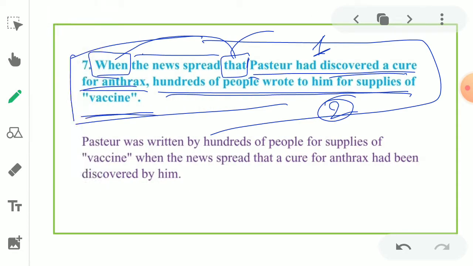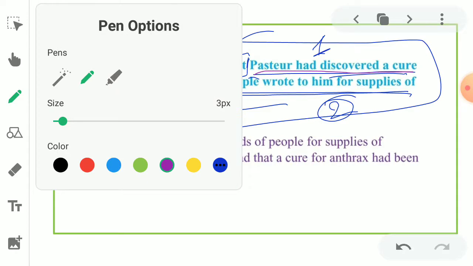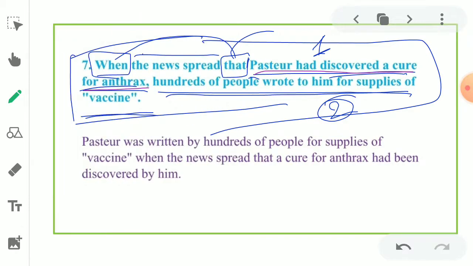Pasteur had discovered a cure for anthrax, the first one. And the second one is hundreds of people wrote to him for supplies of vaccine. So there are two sentences together.